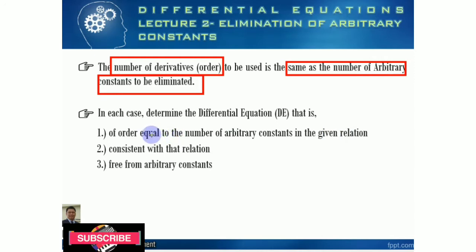It could be 1, 2, or more arbitrary constants depending on the nature of the problem. Number 2, consistent with that relation given in the equation. And third, free from arbitrary constants.